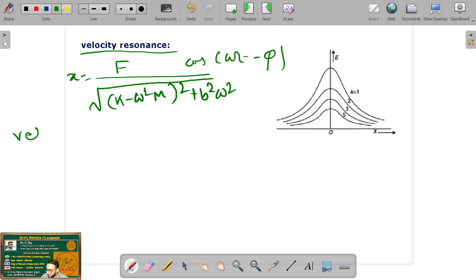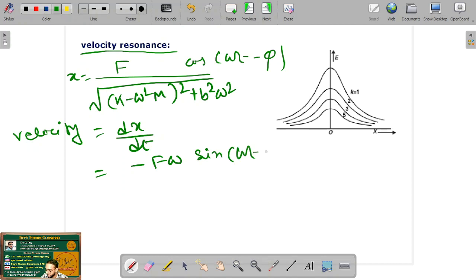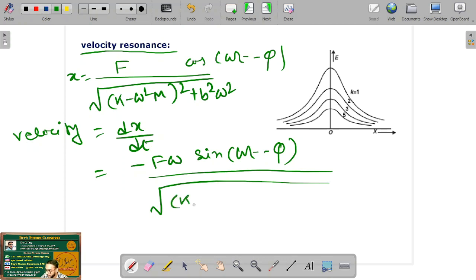So velocity would be dx dt. So that would be minus F omega into sine of omega t minus phi all divided by this under root term k minus omega square m square plus b square omega square.